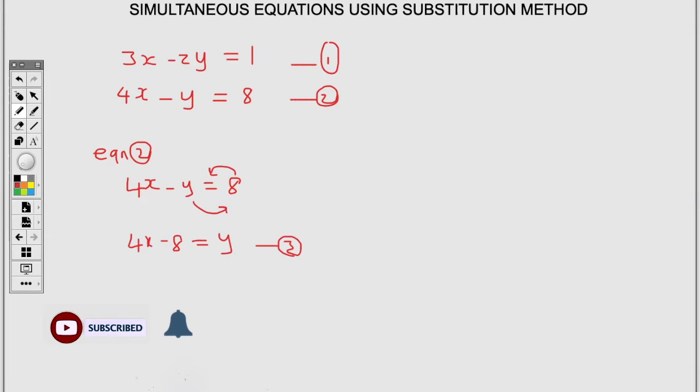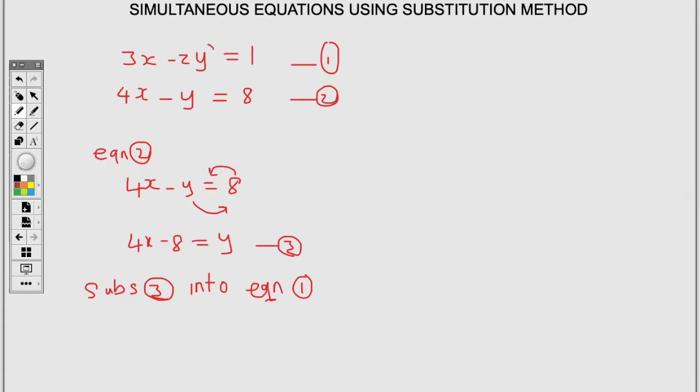So what this is saying is that for equation 1, wherever I see y, I will be substituting 4x minus 8 in the place where I have y. So substituting equation 3 into equation 1, I'll write my 3x, and then this y, I am going to replace it with the 4x minus 8.